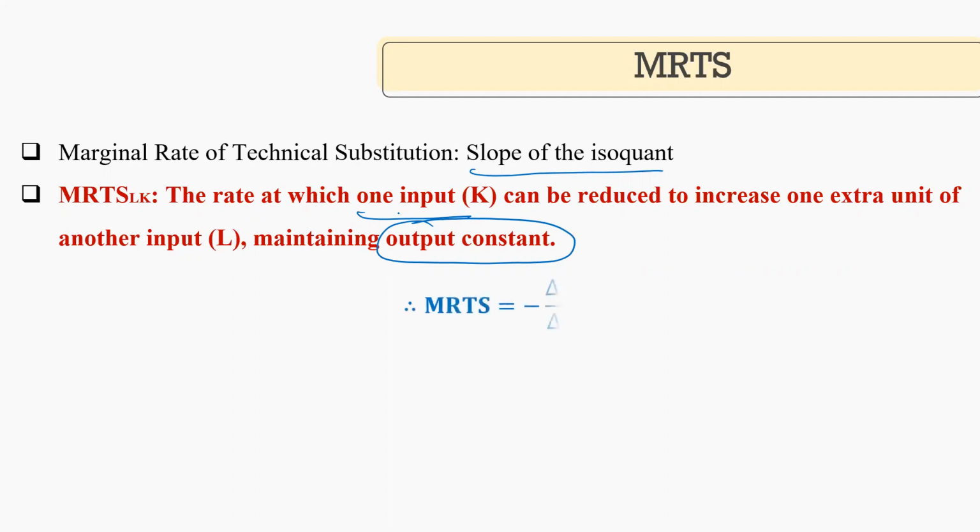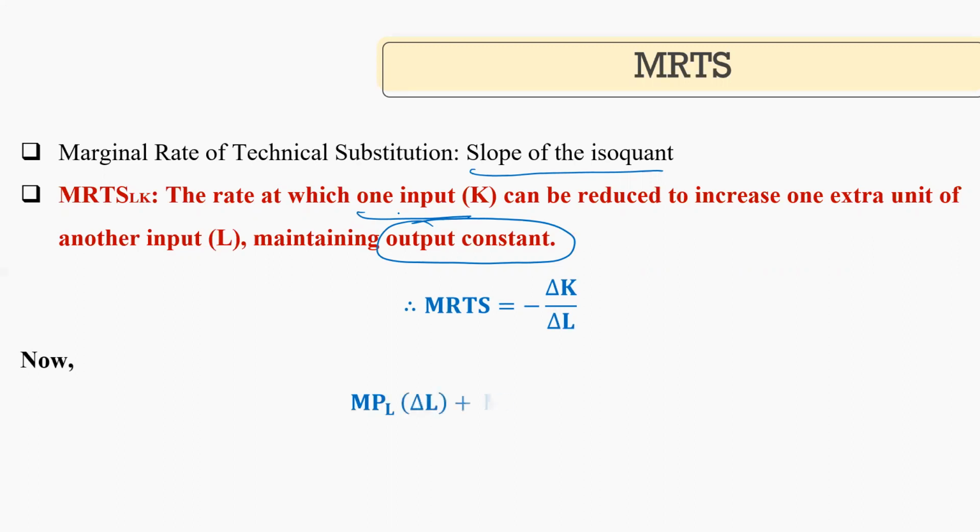And therefore, MRTS is nothing but the ratio of change in capital to change in labor. So it is delta capital upon delta L. And minus sign shows that a producer cannot increase the quantity of both the inputs simultaneously.